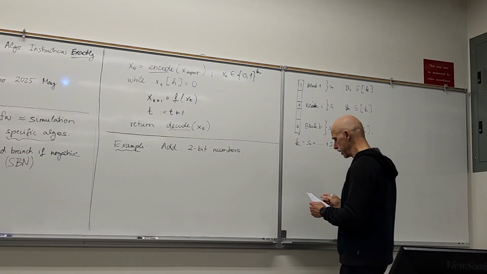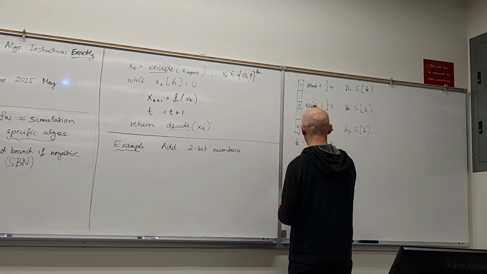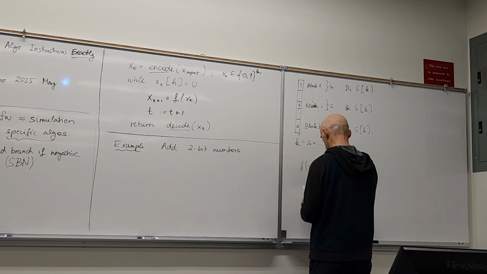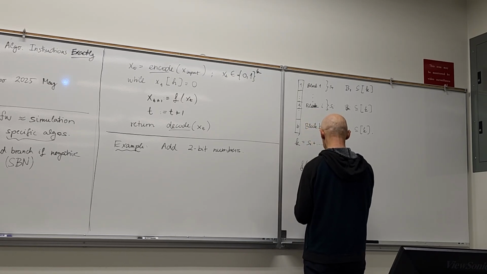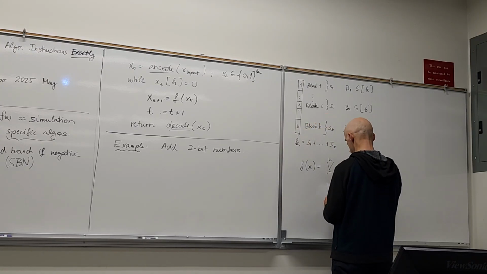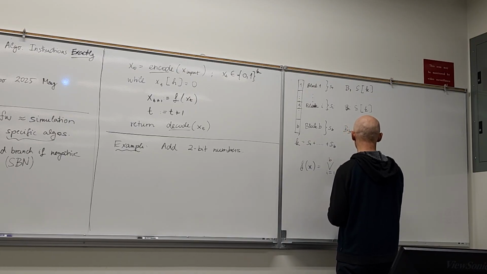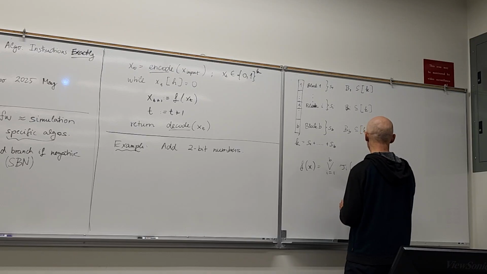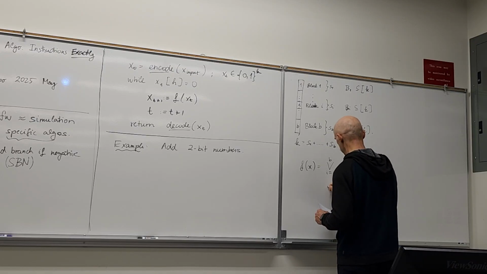And the functions that we're going to allow are going to take the following form. F(x) is the union of b functions, where each of the functions acts only on S_i bits.